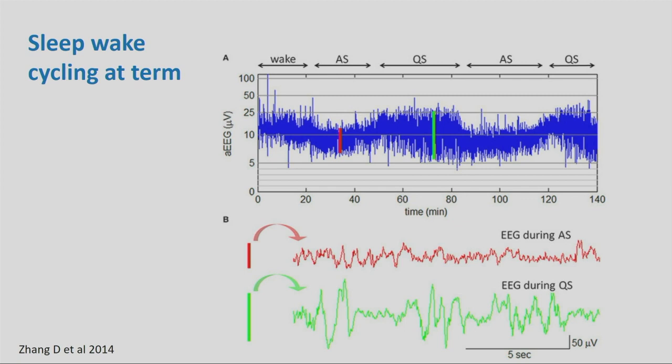So the higher amplitude activity gives you the upper margin, and the more suppressed periods give you the lower margin. And so these little bubbles here are the tracé alternant, the sleep-wake cycling.